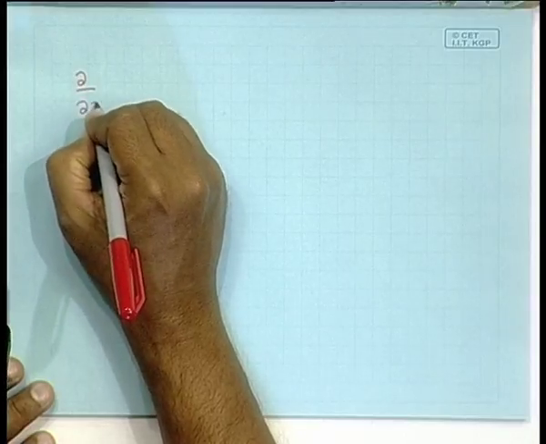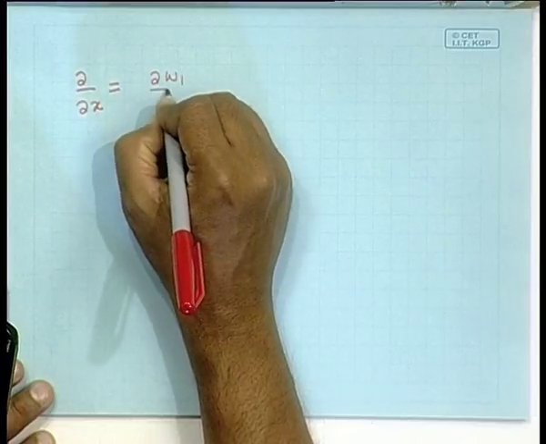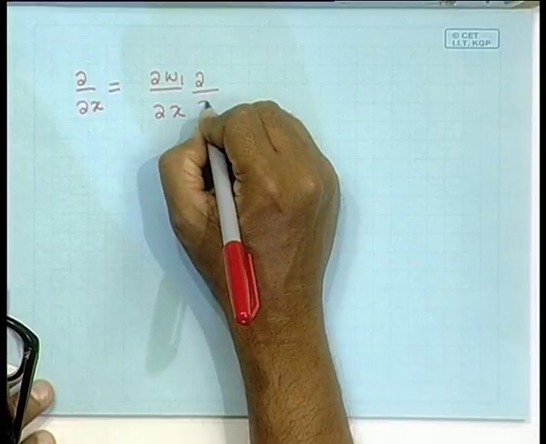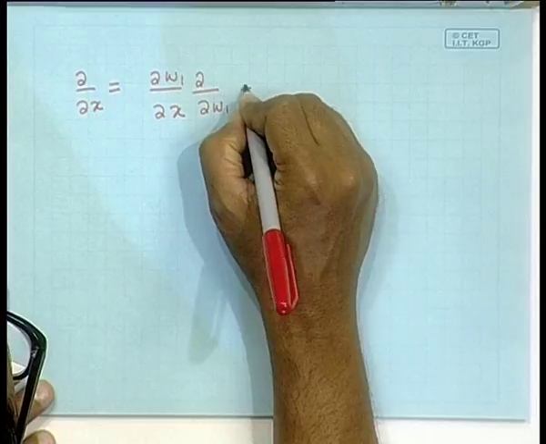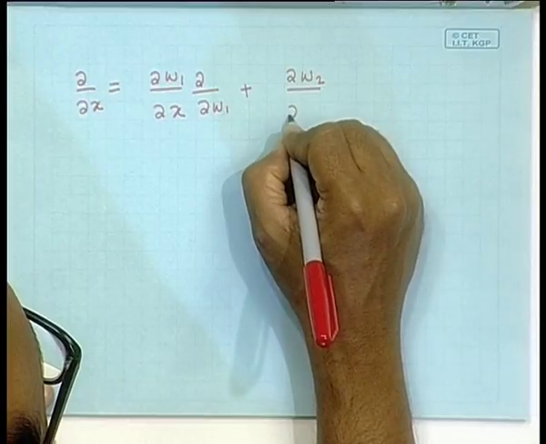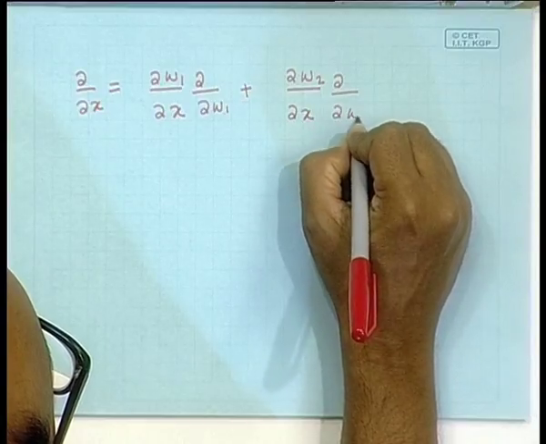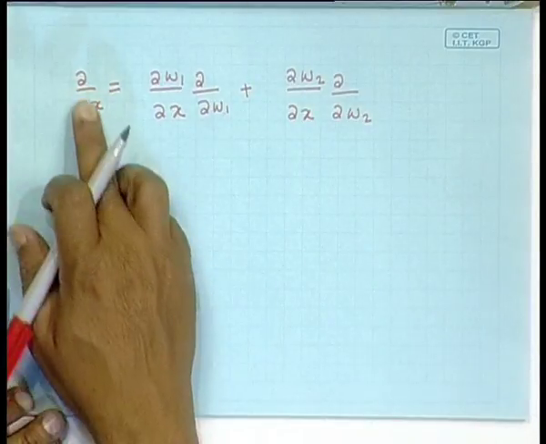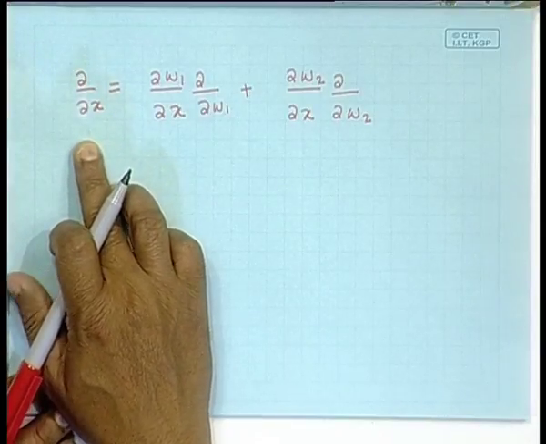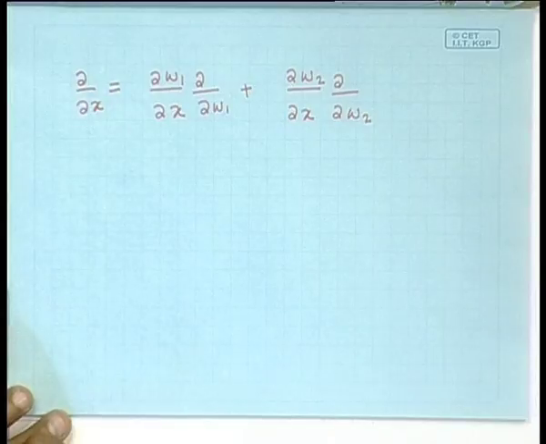So del by del x is equal to del w1 by del x times del by del w1 plus del w2 by del x times del by del w2. So the partial derivative with respect to x, you can express in terms of partial derivatives with respect to w1 and w2 using the chain rule of differentiation.